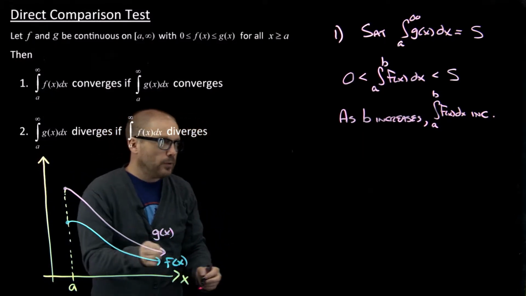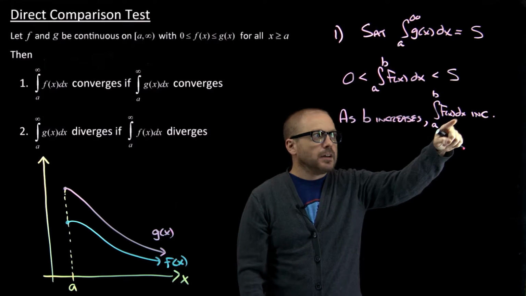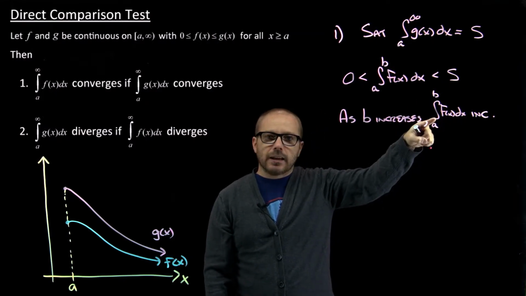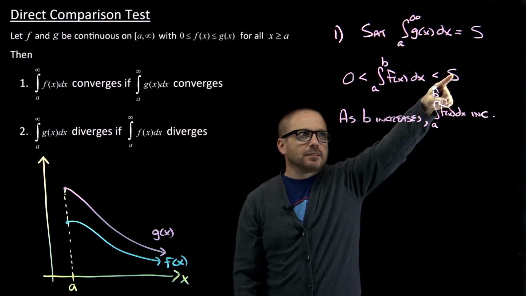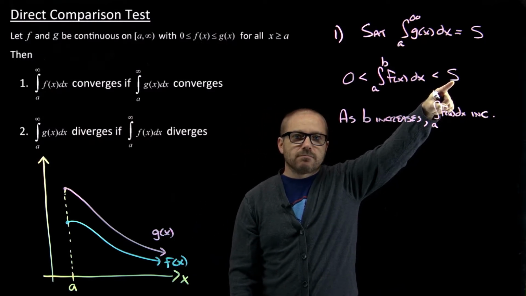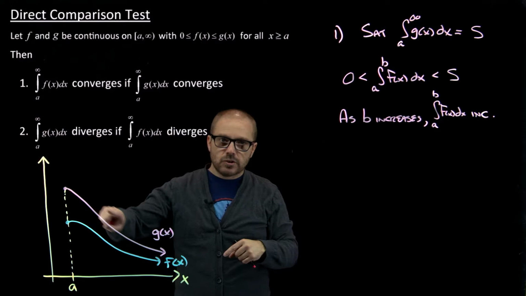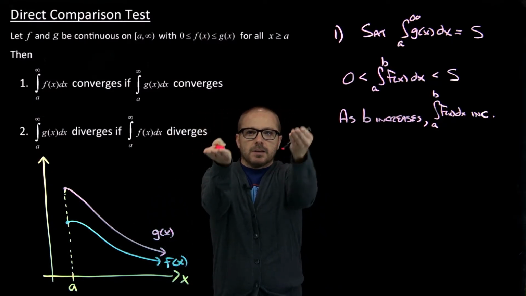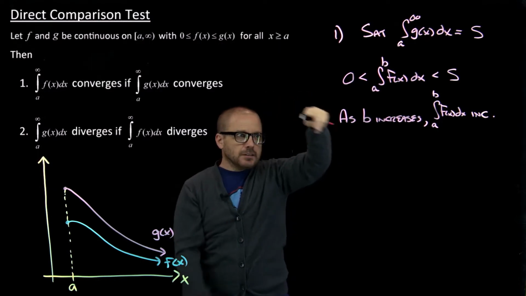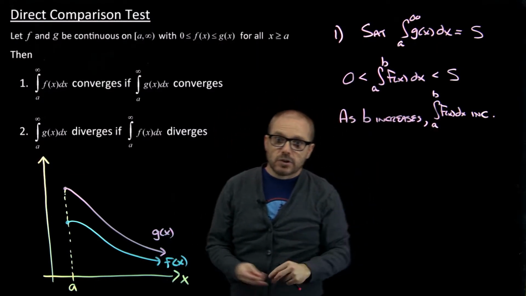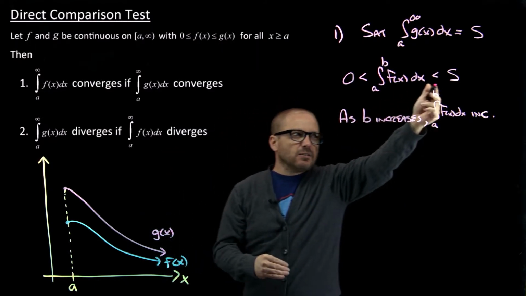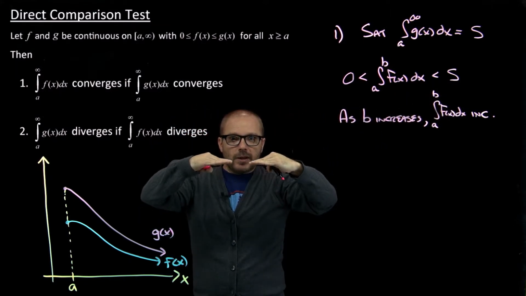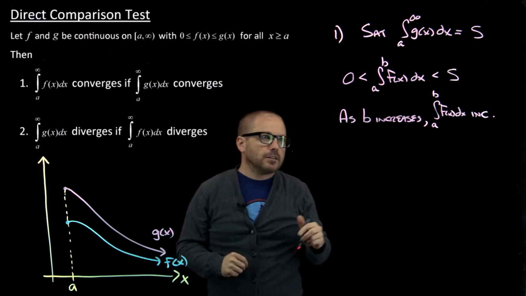But it can't get large without bound, because it's less than s, the area under g. So you have this quantity that's growing and growing, but it's got a ceiling that it cannot pass. It doesn't necessarily converge to s, but it can't ever go past s, and it's constantly going up, so it must converge to some value.